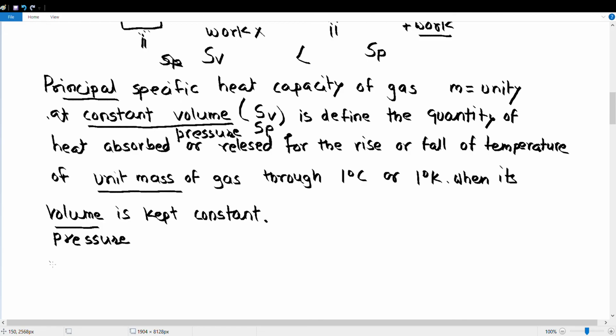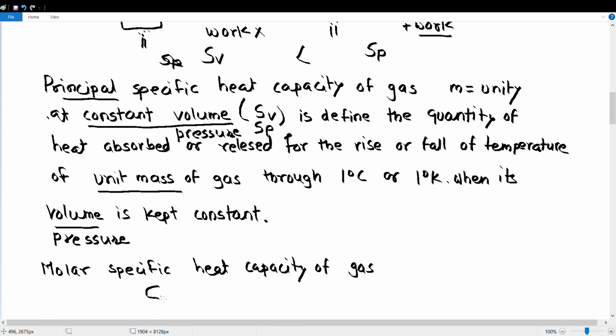Now let's see the second type of specific heat capacity, which is known as molar specific heat capacity of gas. Again, these are of two types. One is the molar specific heat capacity at constant volume, and the other is the molar specific heat capacity of gas at constant pressure.